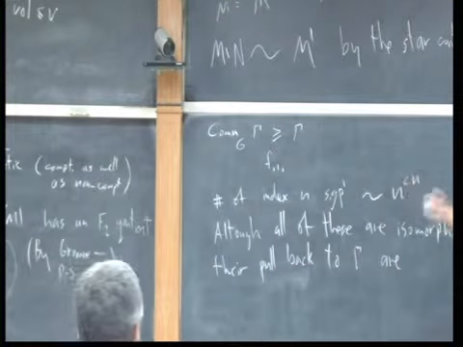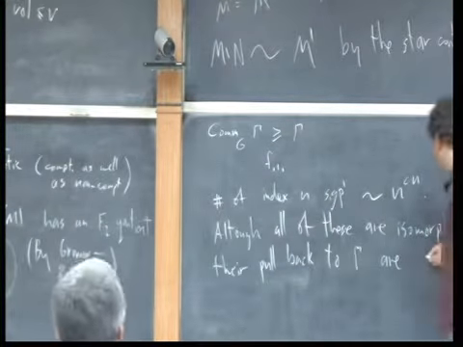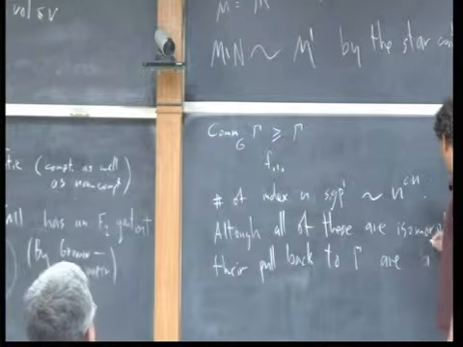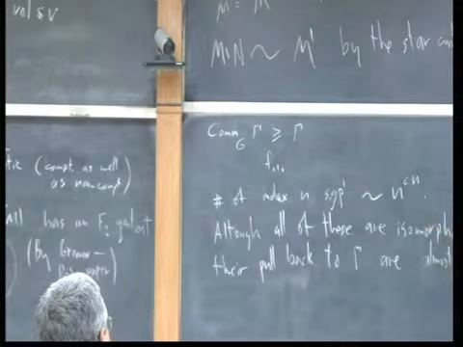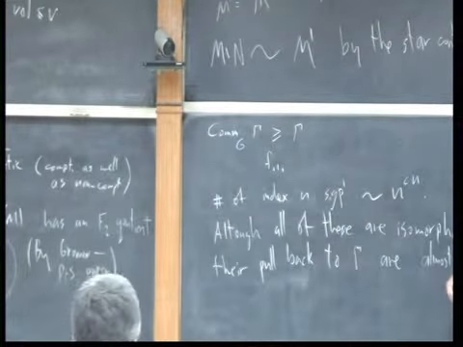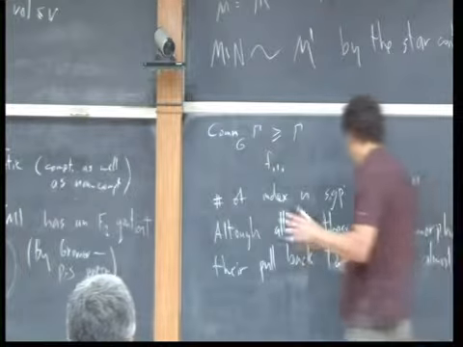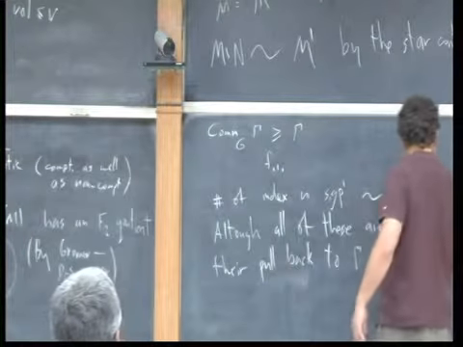Maybe some of them are, but almost all are disjoint. Each of them could be isomorphic to finitely many, boundedly many. Almost all.